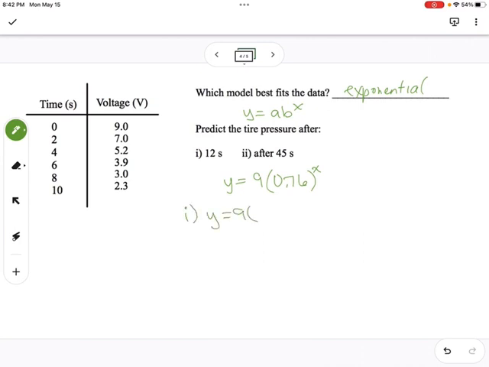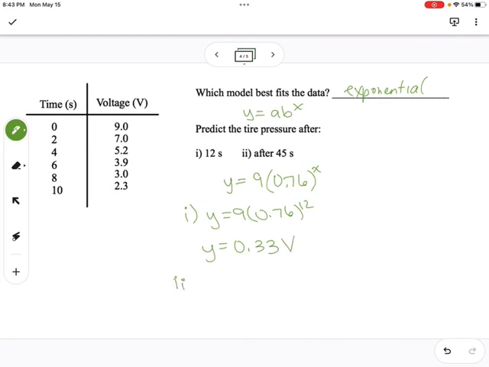So 9 times 0.76 to the exponent 12. Okay, exponent first, 0.76 to the exponent 12, and multiply that by 9, and we get 0.33 volts.